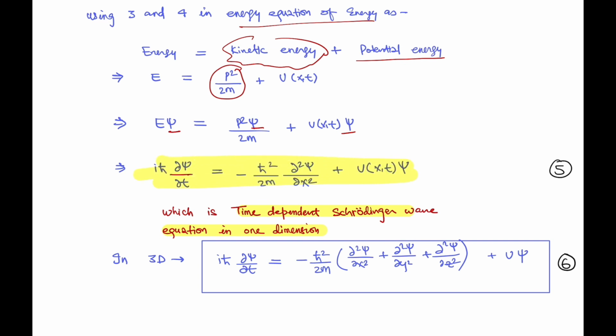Okay, and in three dimensions you just need to expand this to x, y, and z, all three. So finally in three dimensions it is going to be like this.